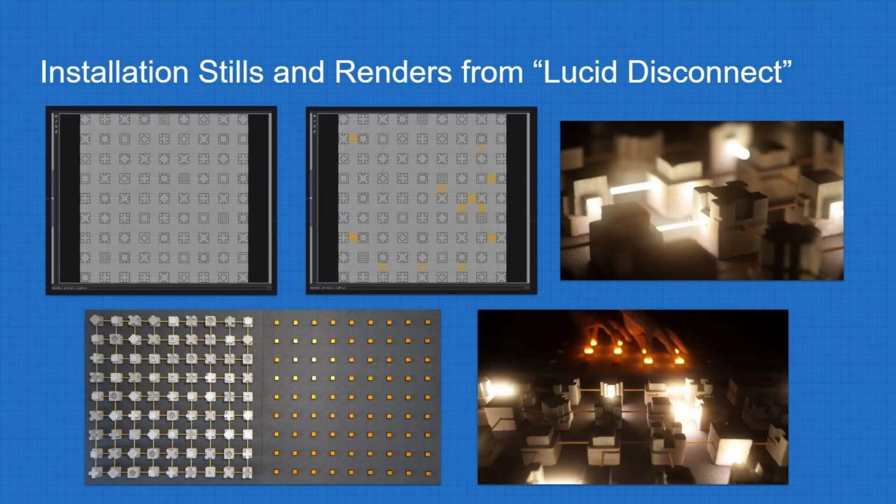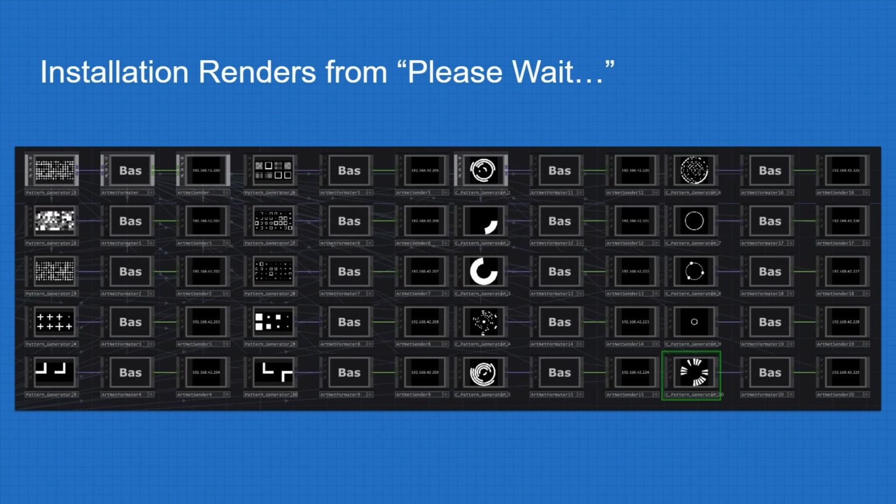I've done it with my installation named Lucid Disconnect, so it's really easy for me to use a 2D render of the art installation instead of having it next to me. I also have the same thing for my installation Please Wait, where I can see all the OLED displays in one screen on my PC.